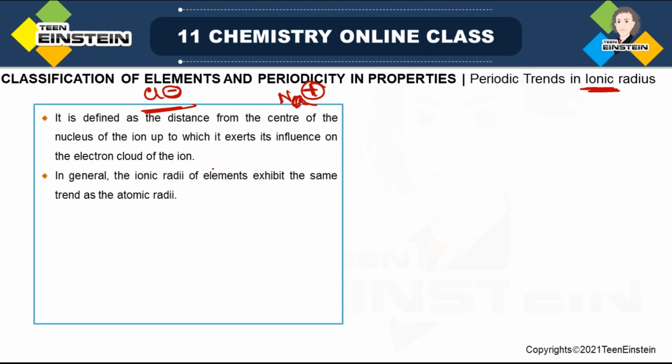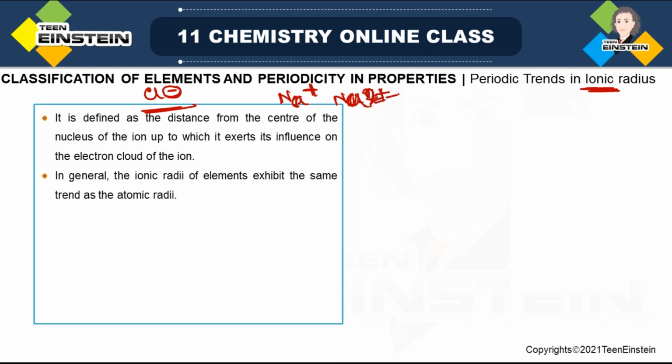For example, you cannot have Cl plus, or any positive charge over a non-metal, or you cannot have sodium 2 plus. It is not possible, because if it is 2 plus, you have removed one more electron from sodium plus. That means you are breaking the stable configuration of neon, which is a highly energy-requiring process. So that is why sodium 2 plus is not possible.